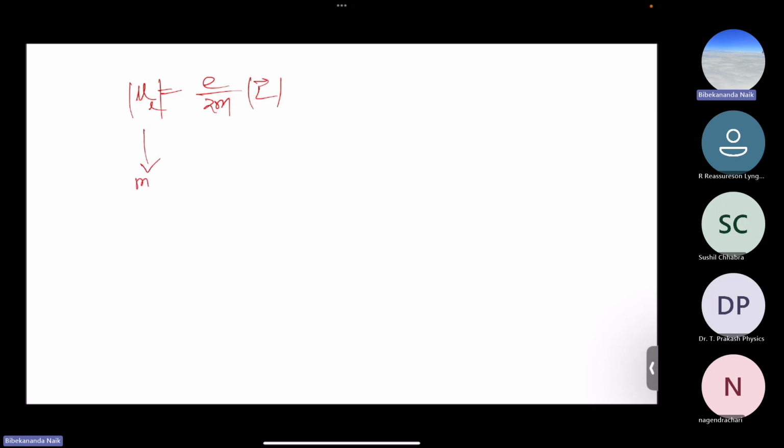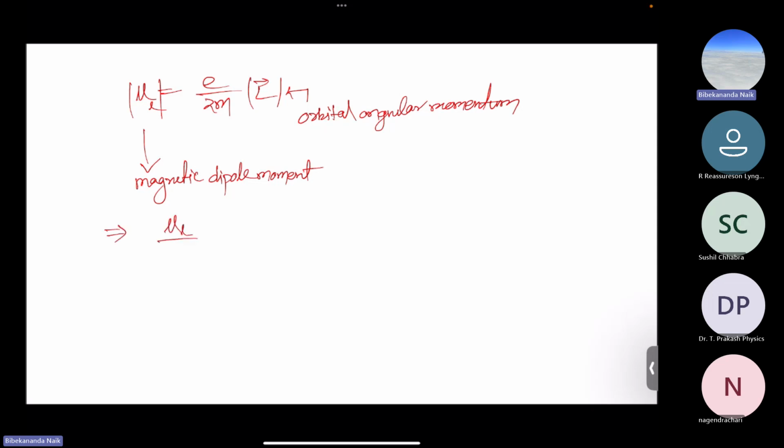This is the magnetic dipole moment, and this L is the orbital angular momentum. So if you take the L vector to the left-hand side, then mu L by L will be e by 2m. So basically this is the ratio of orbital magnetic moment to orbital angular momentum.